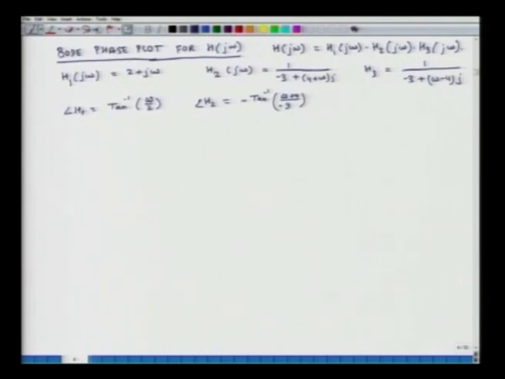Actually, in the denominator I will have negative 3. And for H3 it will be negative of tan inverse of (omega minus 4) over minus 3. So, these are the 3 different relations for phase for each particular sub transfer function.